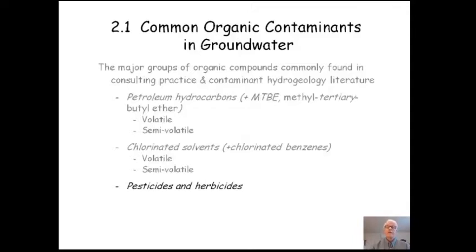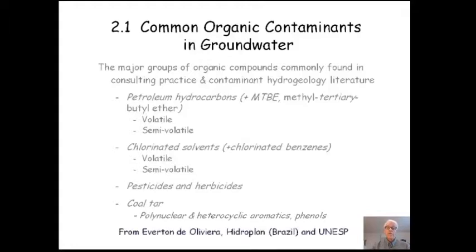We'll mention a few of them, but won't go into them in great detail in this course. A fourth group are coal tar, which contain PAHs, polynuclear aromatic hydrocarbons, as well as other hydrocarbons. This list comes from Everton, who practices in Brazil, but it's the same list we'd come up with, I'm sure, from Canada or the US.